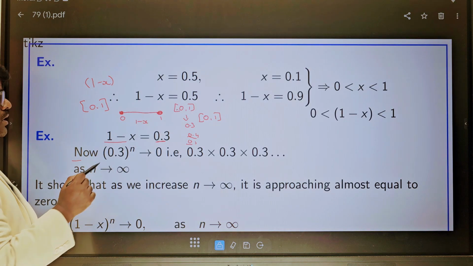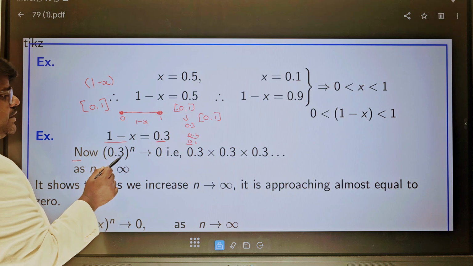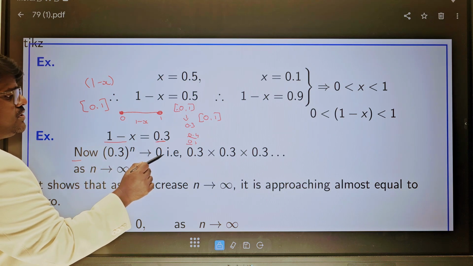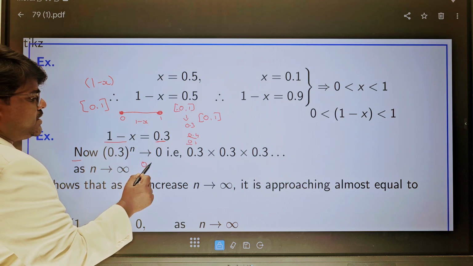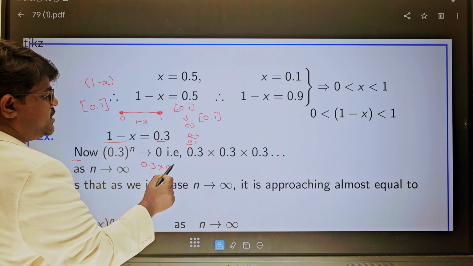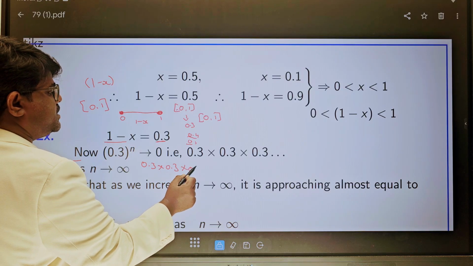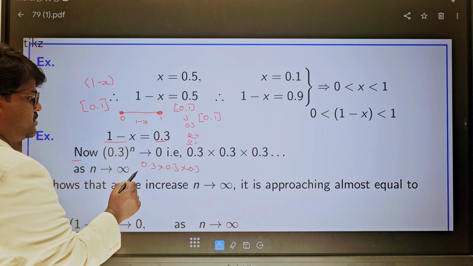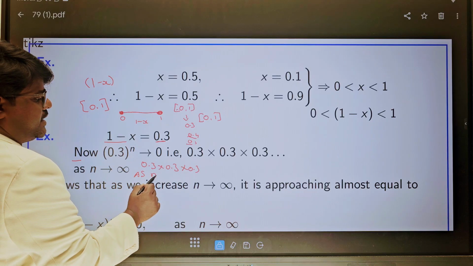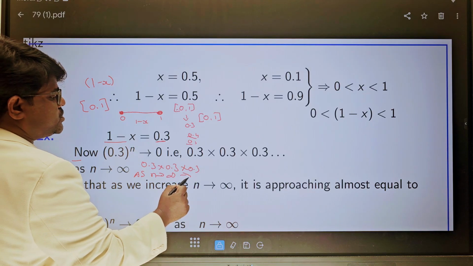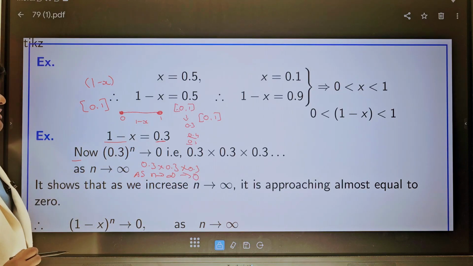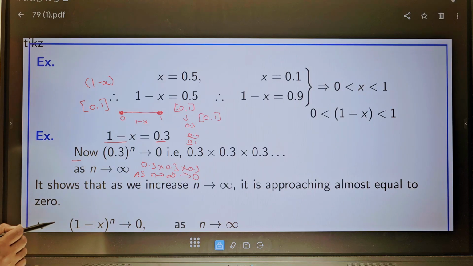Now 0.3 to the power of n, that is 0.3 times 0.3 times 0.3, as n tends to infinity approaches 0.